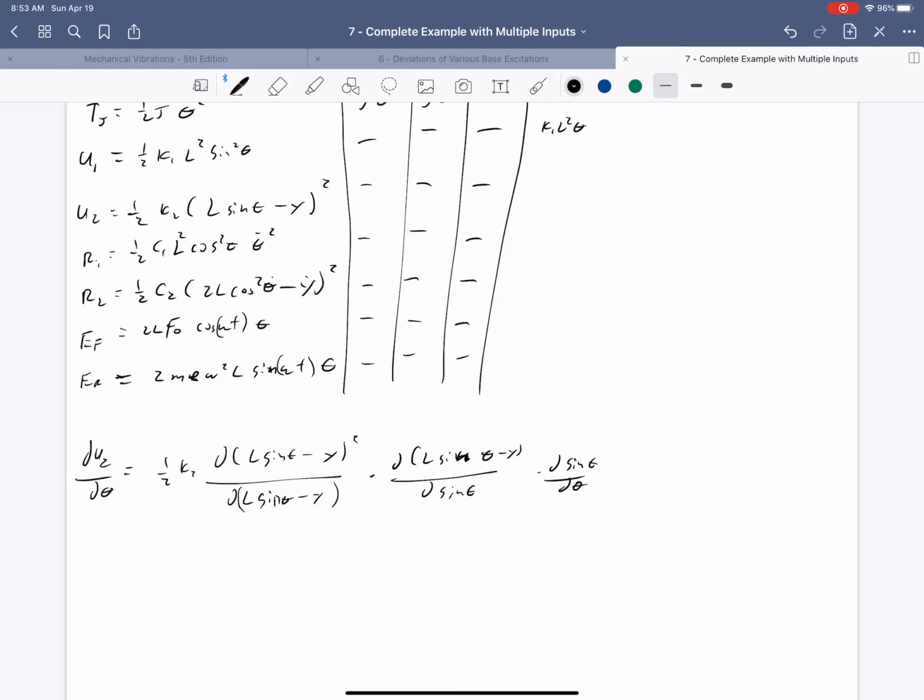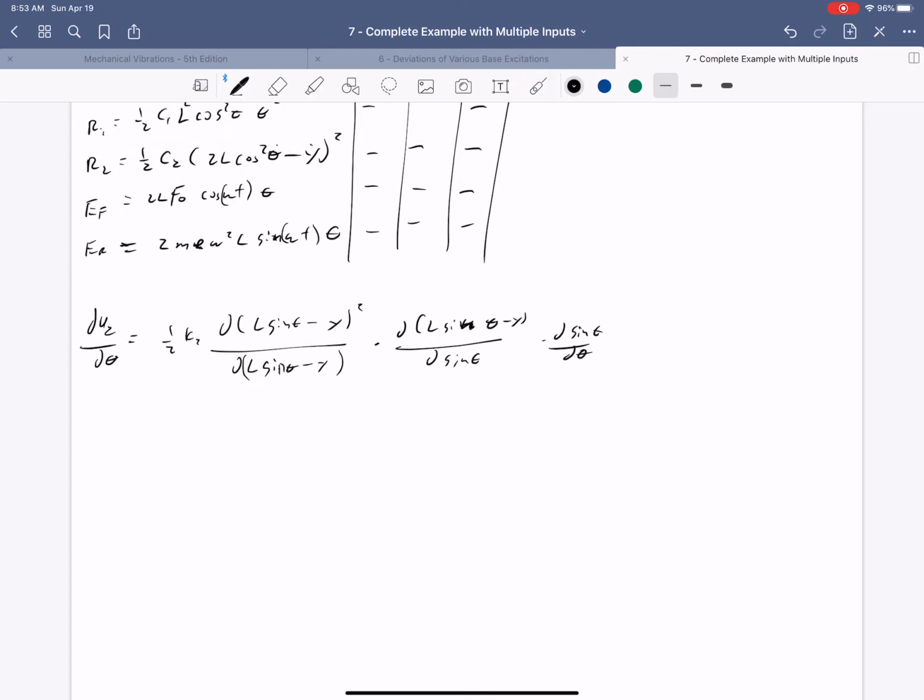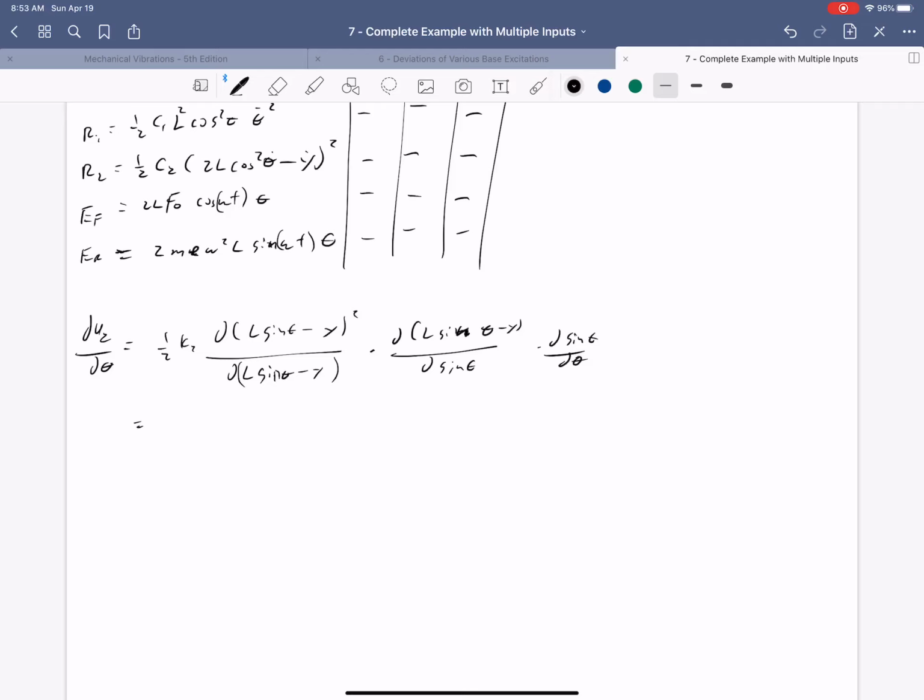Okay. And this process, as long as you write it out, it's not that hard. So this ends up becoming 1/2 k2 times 2 times (L sine θ minus y), and then times L, and then times cosine θ.